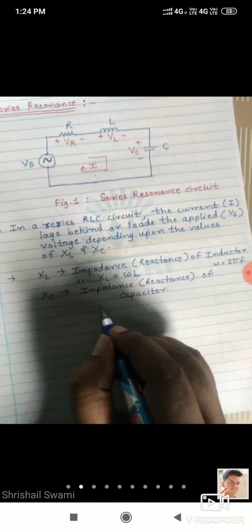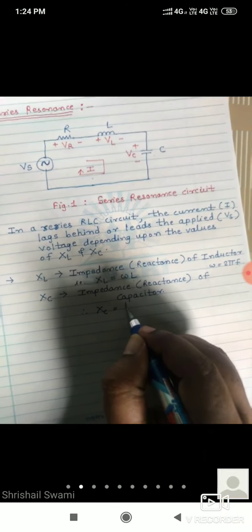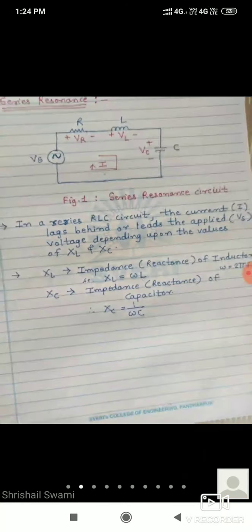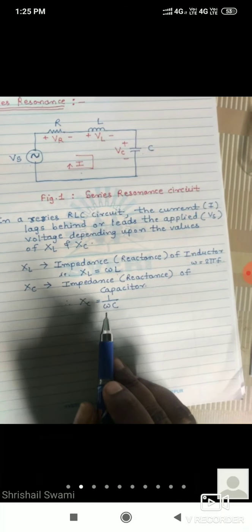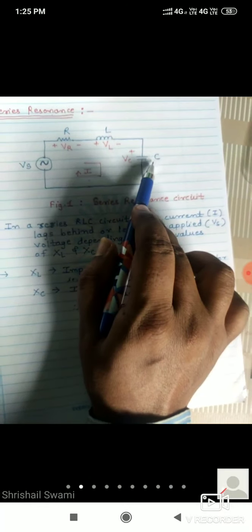So here Xc is equal to 1 upon omega C. Again omega is the same 2 pi f and C is the value of the capacitor.